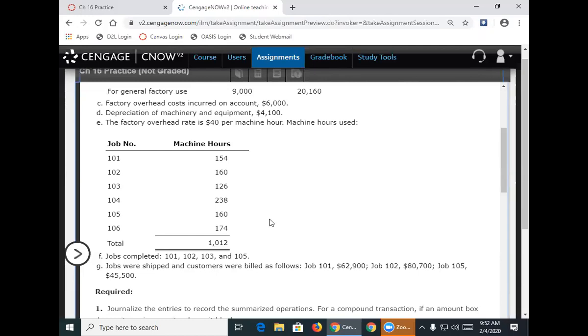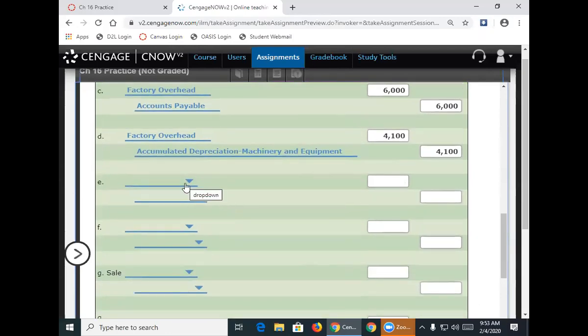Very good. So work in process gets debited and factory overhead gets credited for the applied overhead, 40,480. Any questions on that?